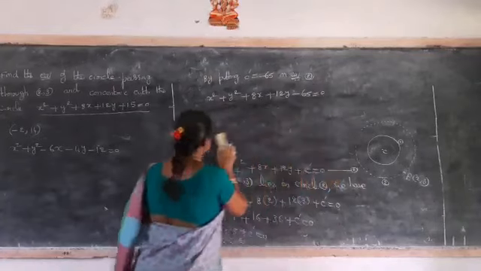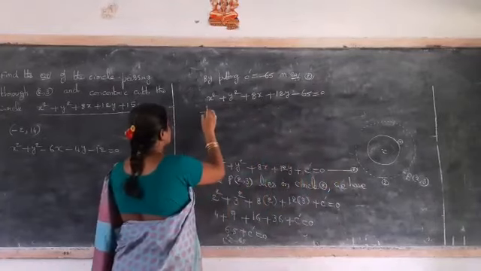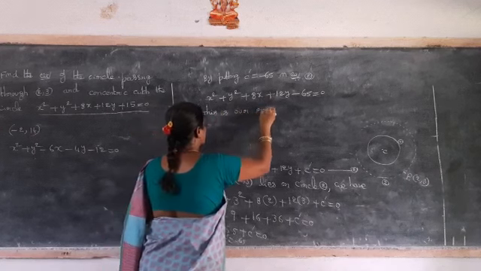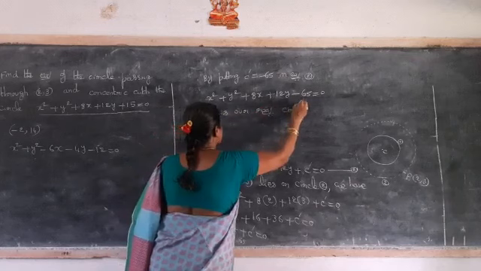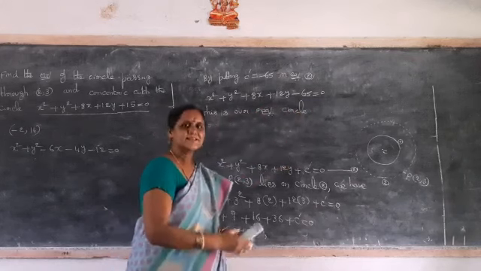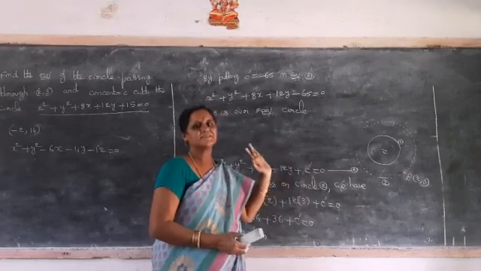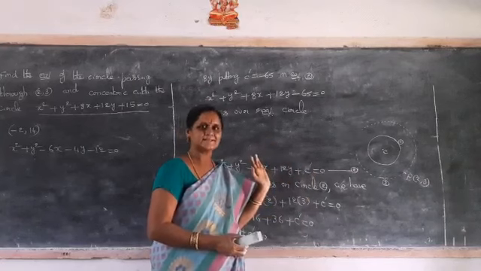So this is our required circle. Okay children, you just apply the hypotheses one by one, then you get our solution, our answer.